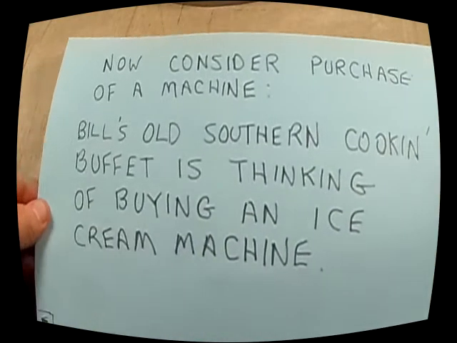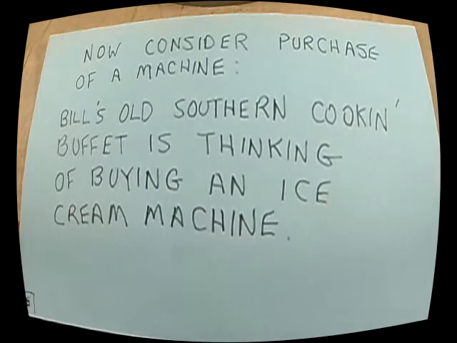We could use this in a variety of examples. Let's use it in this one. So now we're considering the purchase of a machine. Bill's Old Southern Cookin' Buffet is thinking of buying an ice cream machine.